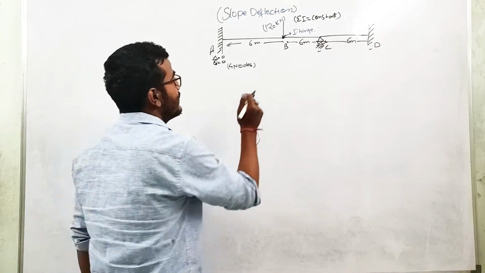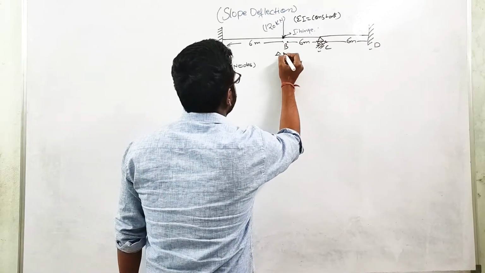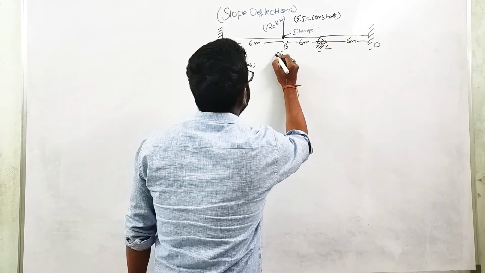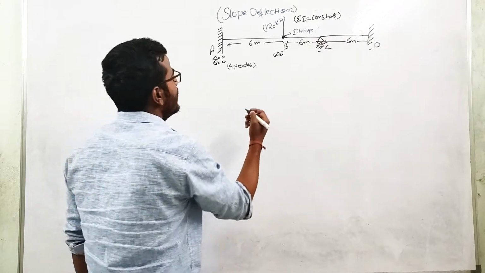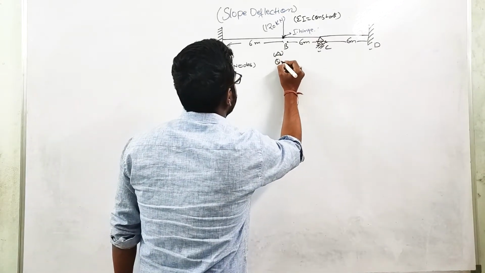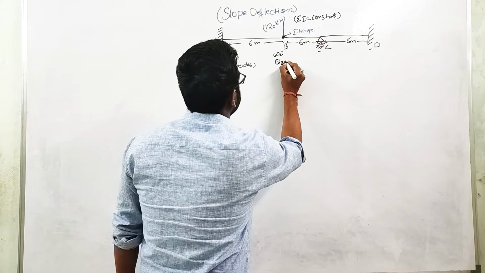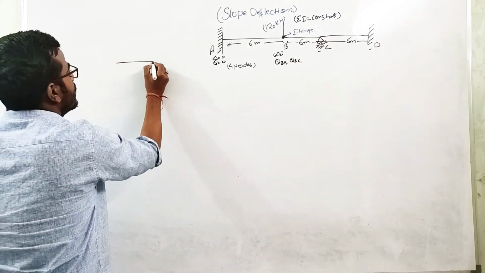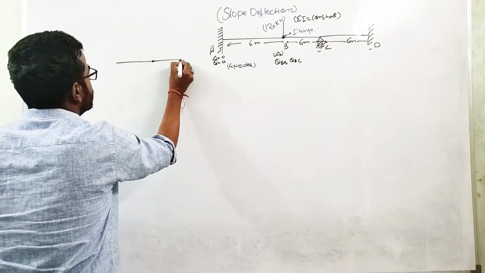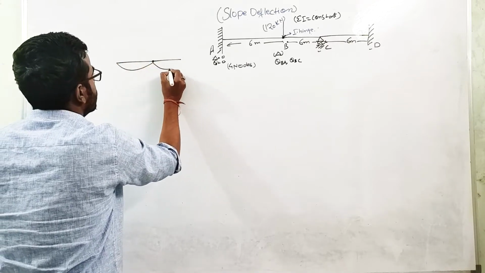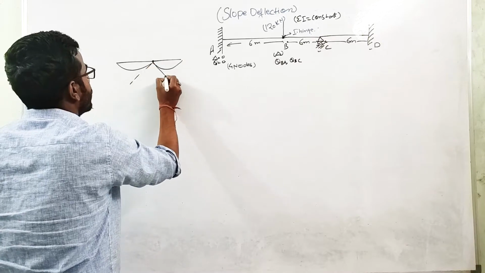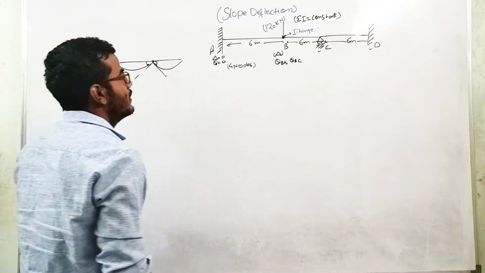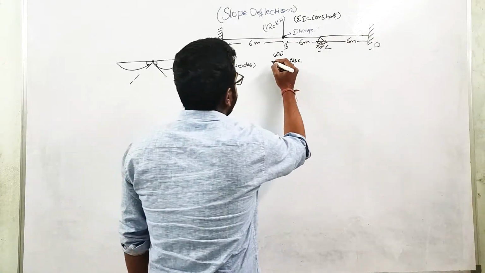At B, I can have one vertical deflection, delta, in the downward direction, and at the hinge I will have 2 rotations, theta BA and theta BC. Since this is an internal hinge, the beam will rotate like this, so we have 2 different theta values. So at this point I have 3 displacements.